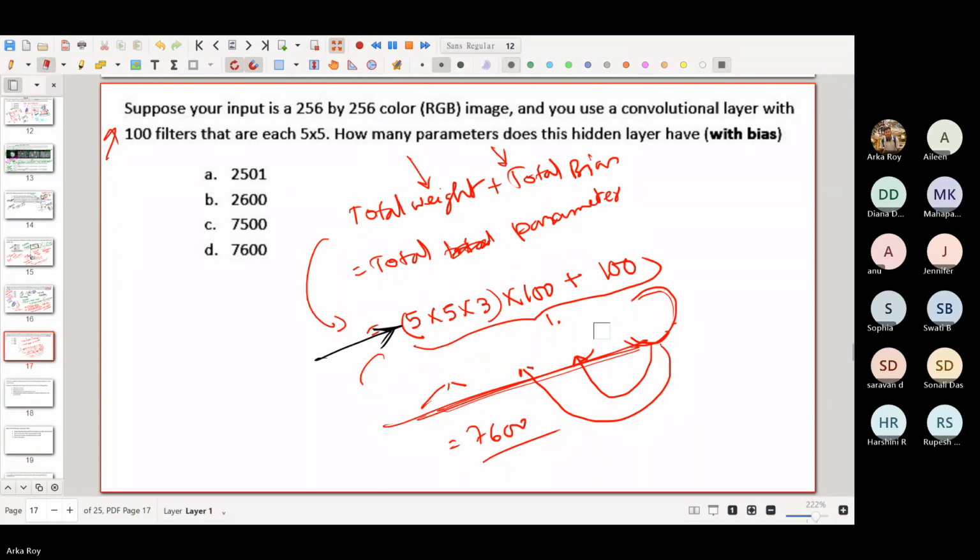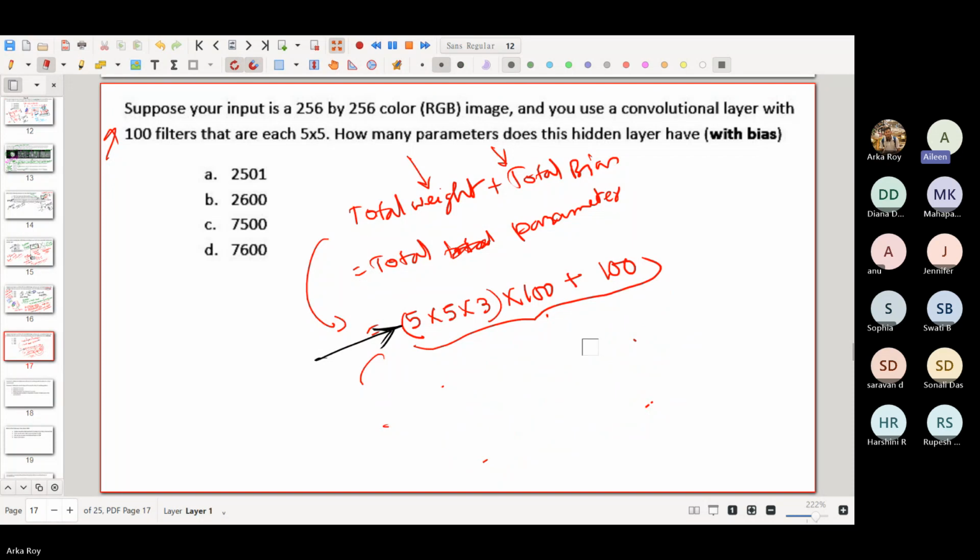Let me just write it again. What I'm doing is just a mathematical manipulation. You can see that 100 is common for both the cases, right? Let's say this is 5 cross 5 cross 3 into a plus a.